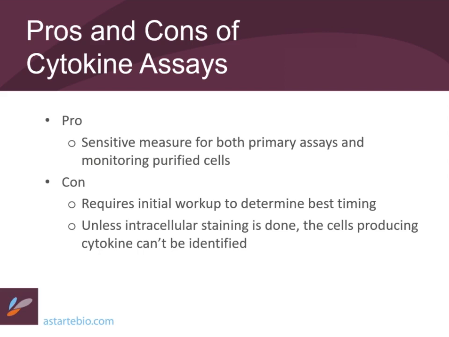And unless you do the intracellular staining, you can't really identify which cells are producing the cytokine. I kind of glossed over it a bit there, but you can imagine in a culture of PBMC, monocytes will produce a fair amount of cytokines such as TNF-alpha or IL-6, and that may complicate analysis or interpretation of your data.